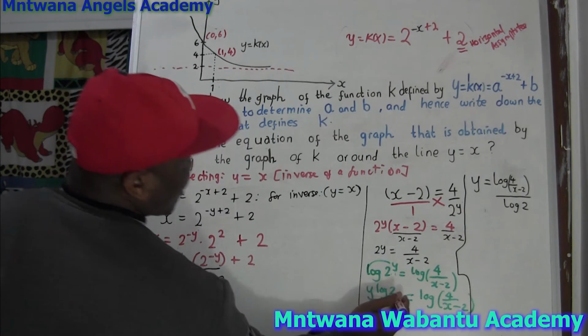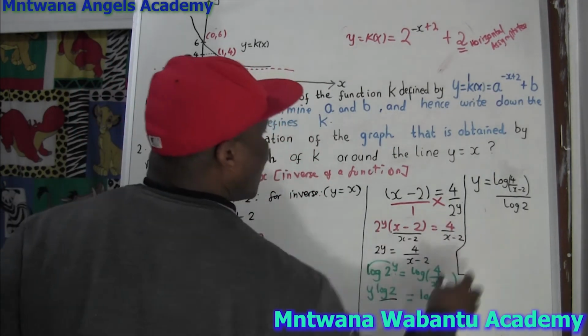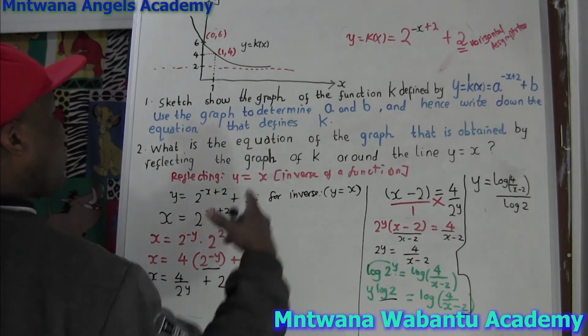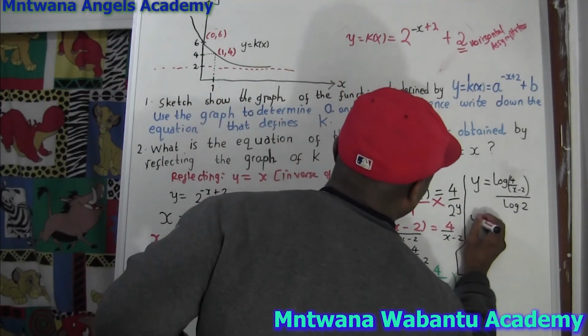I'm saying divide by log 2 because you have to divide by log 2, divide by log 2, divide by log 2. Because this is the equation we're looking for.